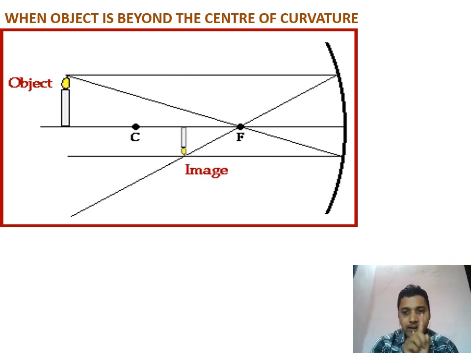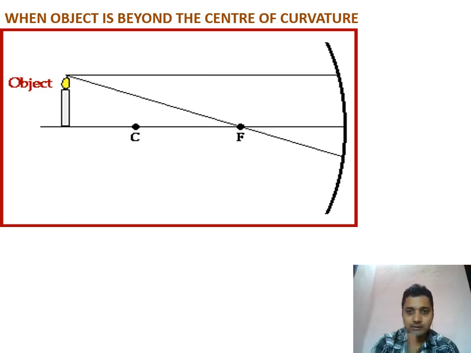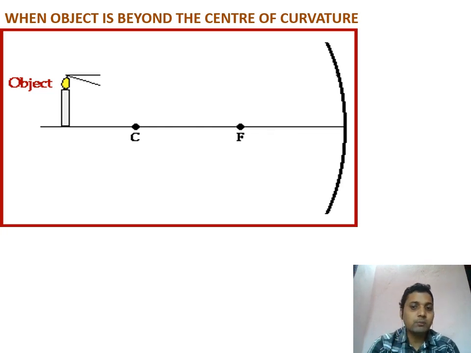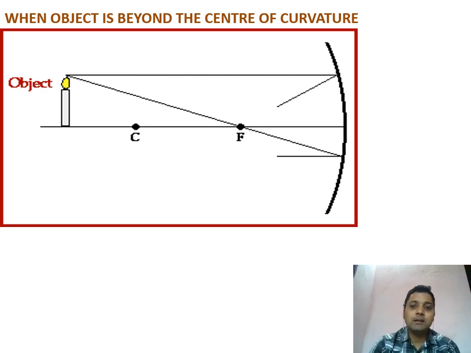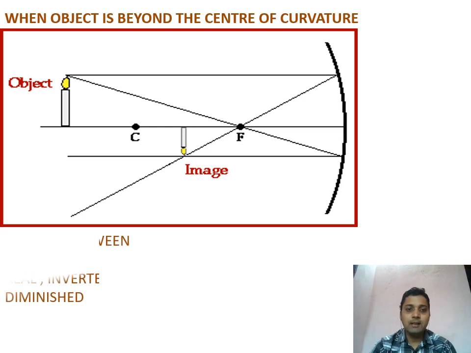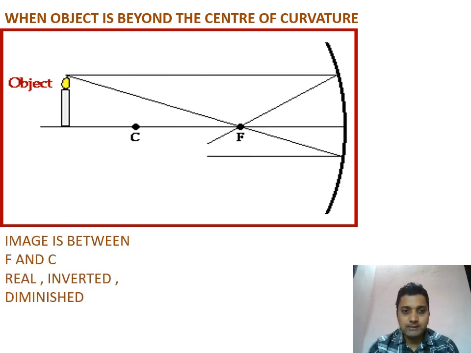Where these two rays join, that is the image point. The image here is real, inverted, and diminished, meaning small size.